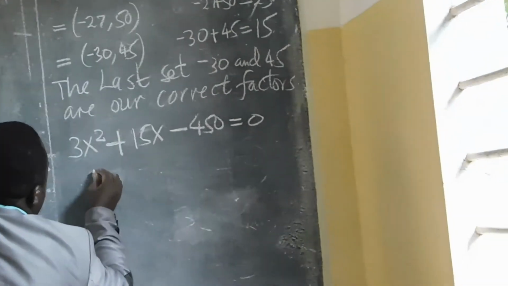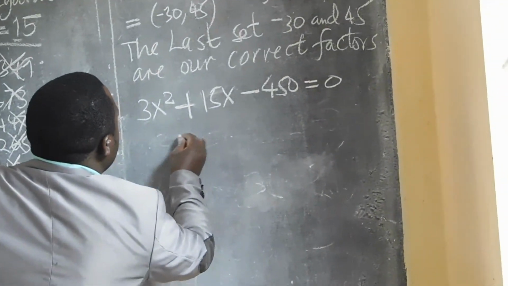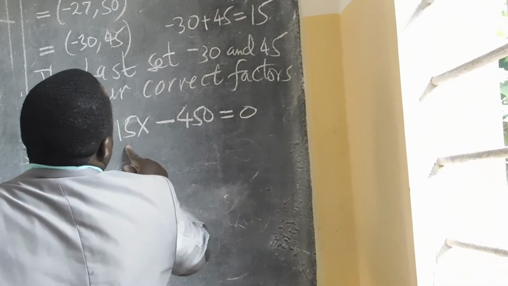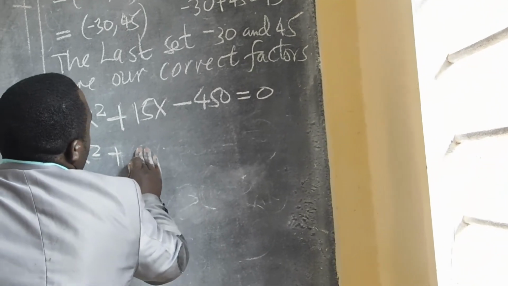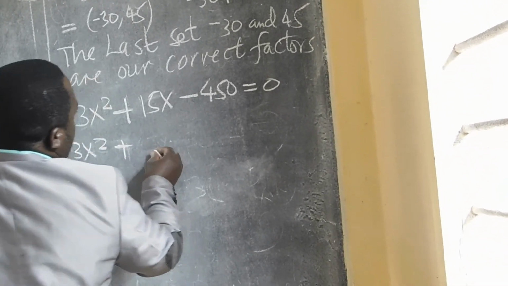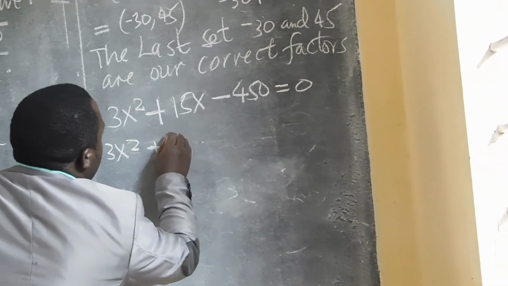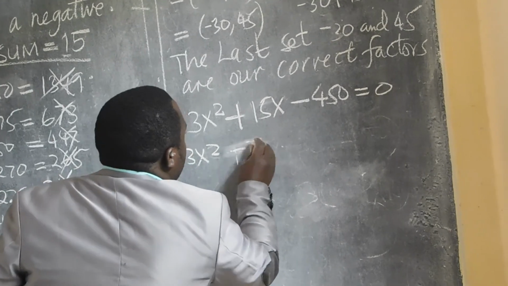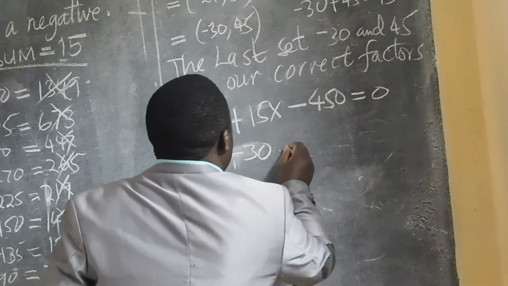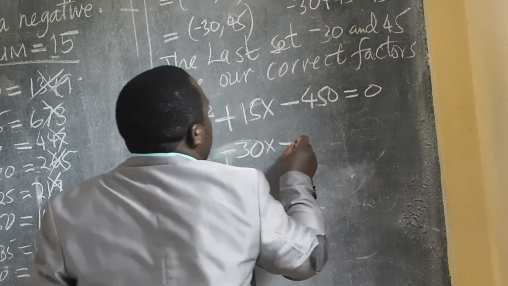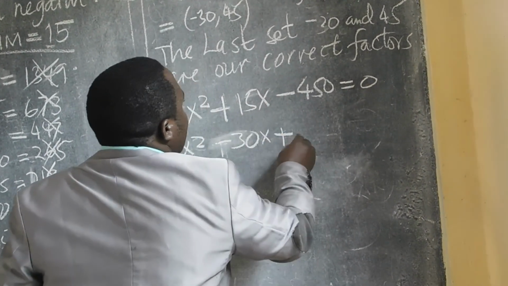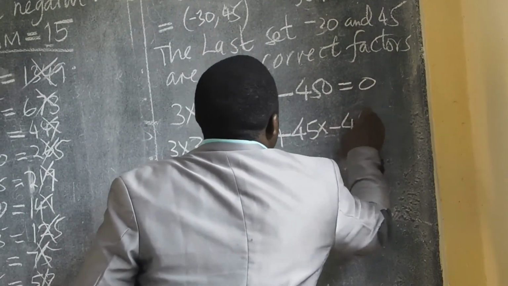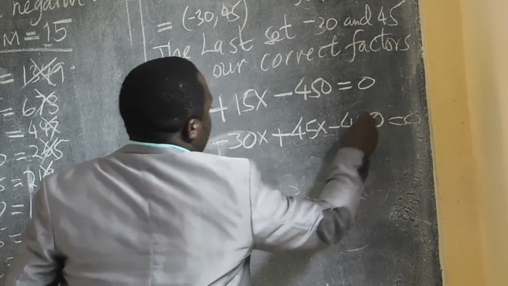So we break out 3x squared plus, with positive, we have to start with negative. With negative 30. So if we start with negative means minus 30x here again plus 45x minus 450 is equal to 0.